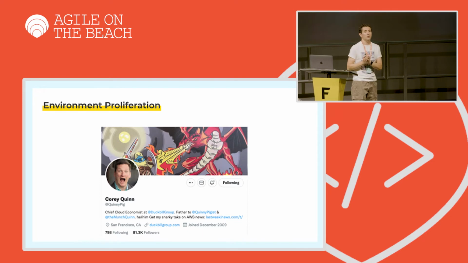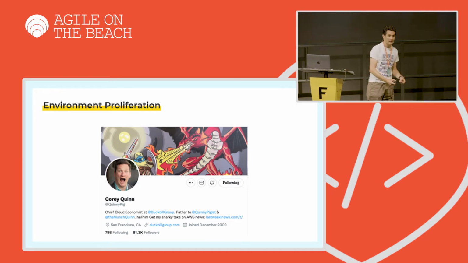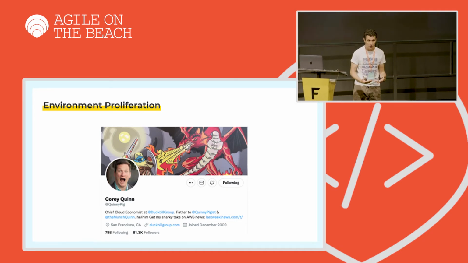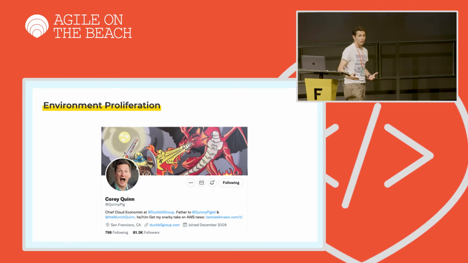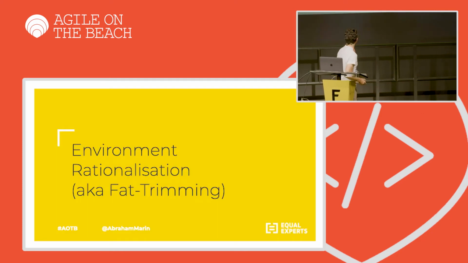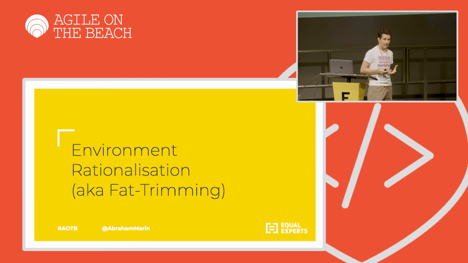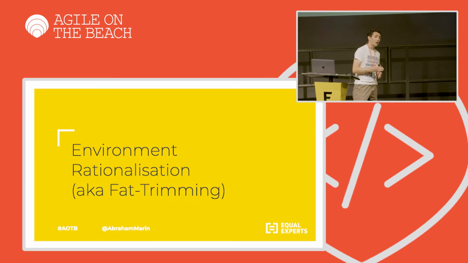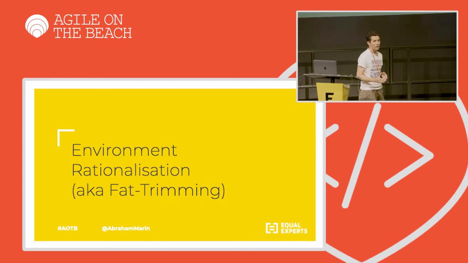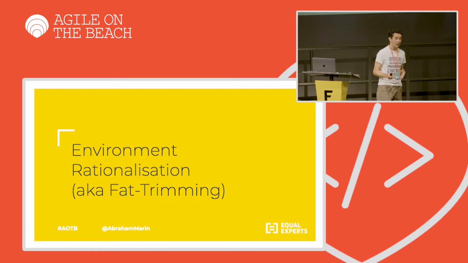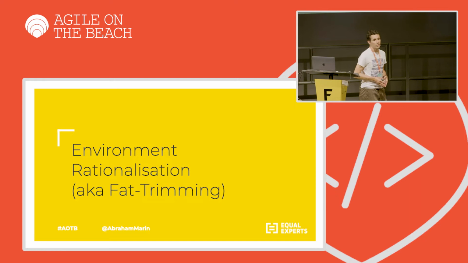And if you don't need a particular test environment, even if you don't care about the cost of that test environment, you might care about the time that you're spending and the effort and the distraction that that test environment is giving you. So for all those reasons, we're going to talk about how to rationalize, how to eliminate some of those test environments, how to check whether you actually need them, take a hard look at them, and if you don't need them, then get rid of them. This is why I call this section the fat trimming part of the business.